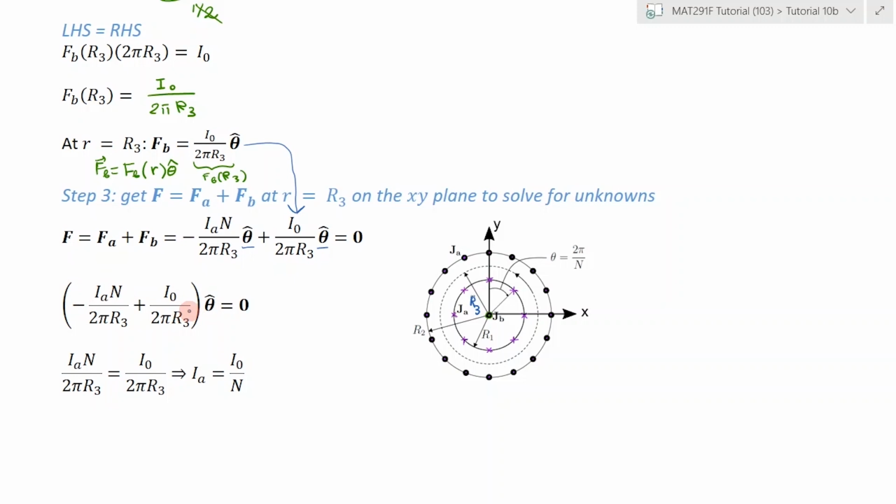The only way for this to be 0 is that this is 0. If we shift this to the right-hand side and swap left and right-hand sides, we get this. And then we can cancel 2 pi, we can cancel R3, and we're left with IA equal to I naught divided by n. So this is all we want from this problem.